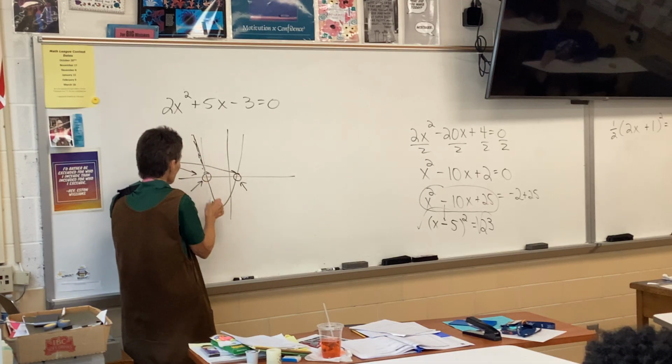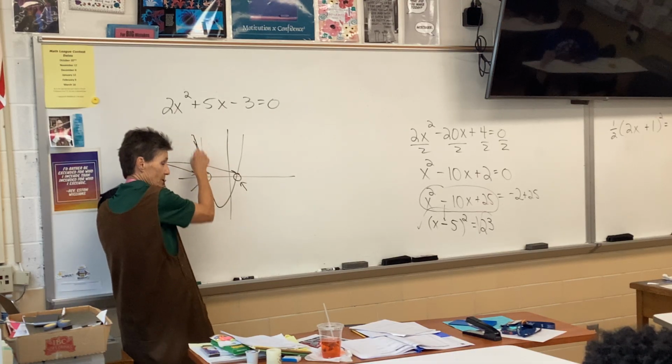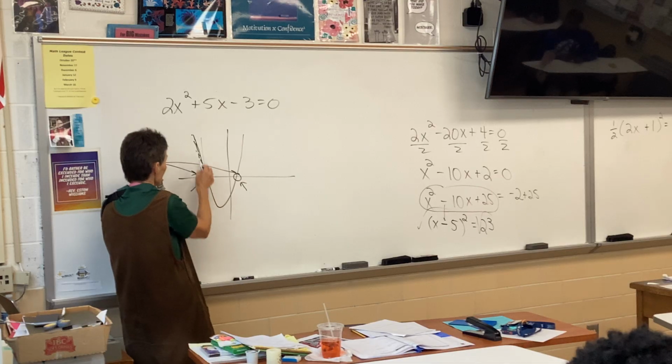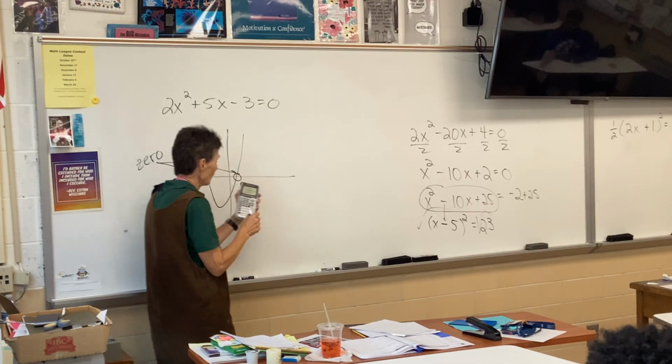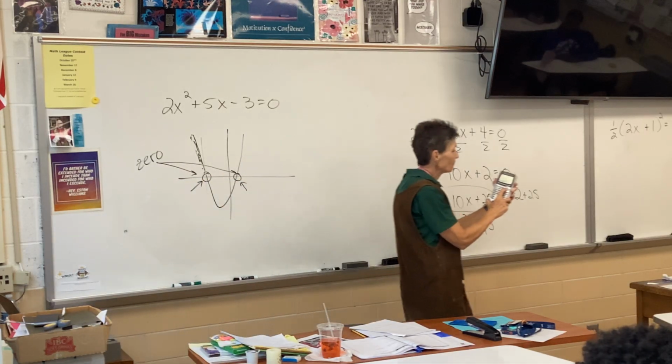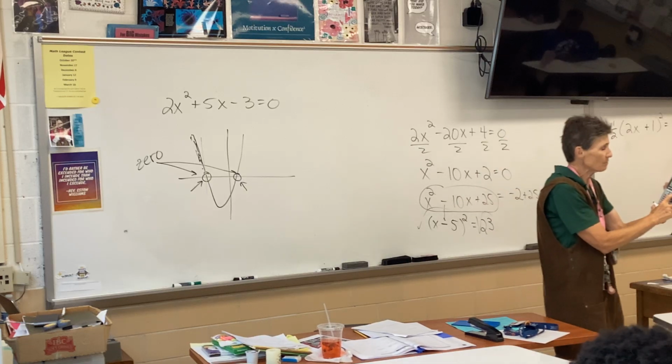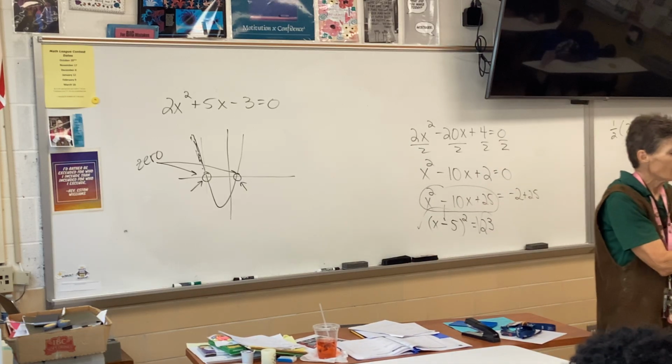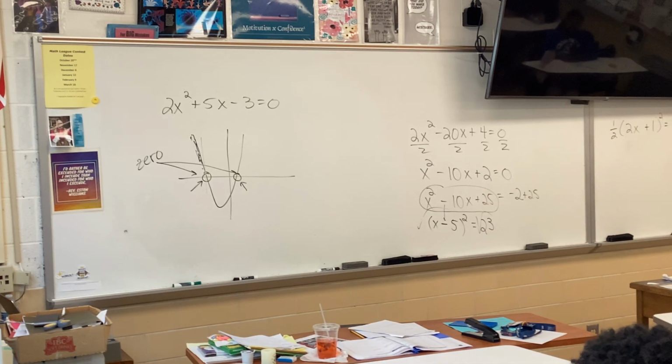We want to be to the left of that point. So somewhere over here, we're going to move our cursor. I'm just using my left arrow button, and I'm just arrowing my cursor until it's somewhere over there. And then I'm going to press enter.